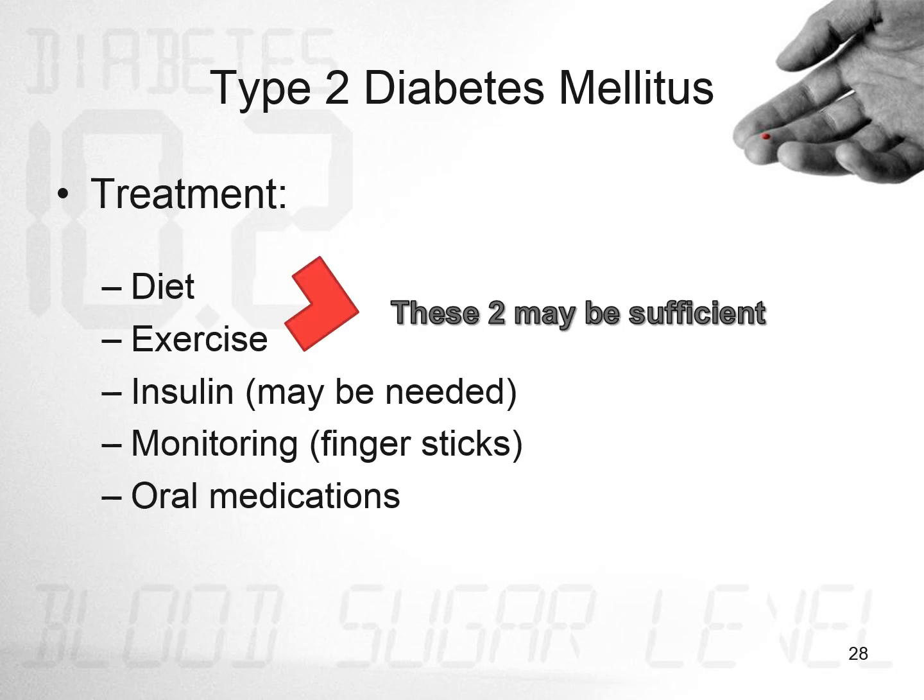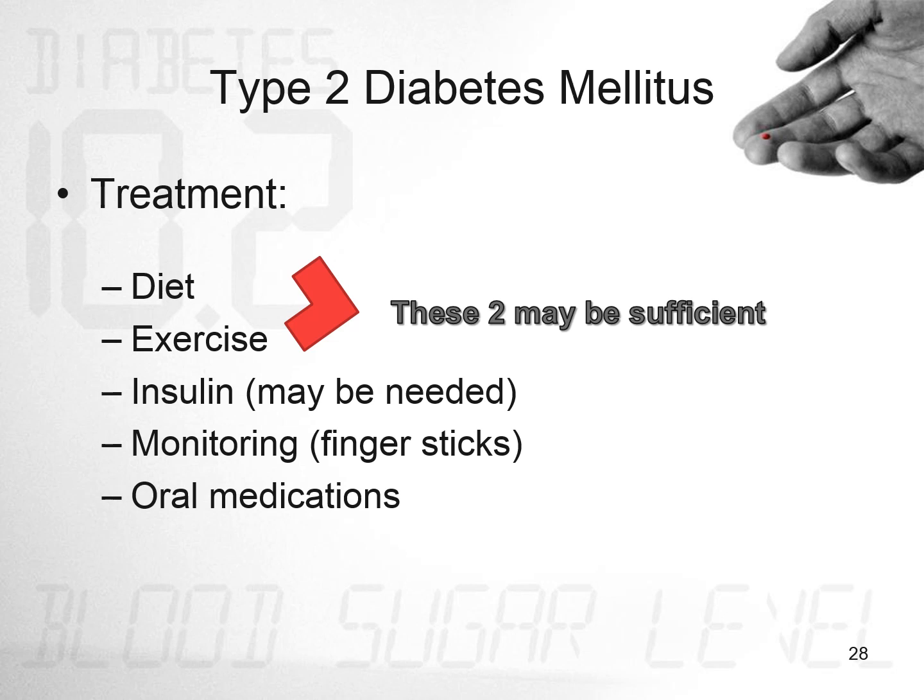So treatment for type 2 diabetes is going to be diet and exercise. Those alone may be sufficient to control type 2 diabetes. They could eventually need insulin depending on how well their control with their diet and exercise is. We're going to want these patients to monitor their blood sugars regularly as well.